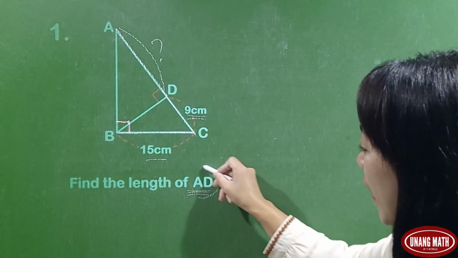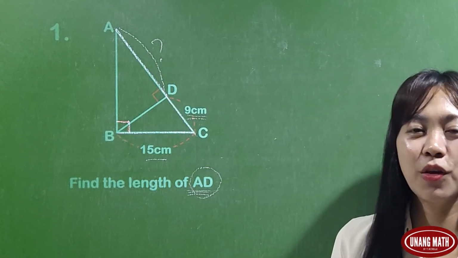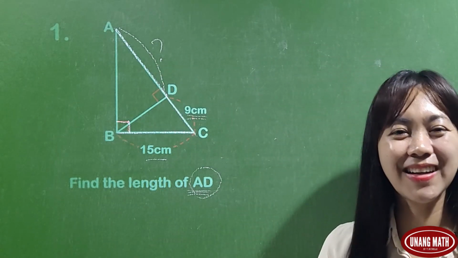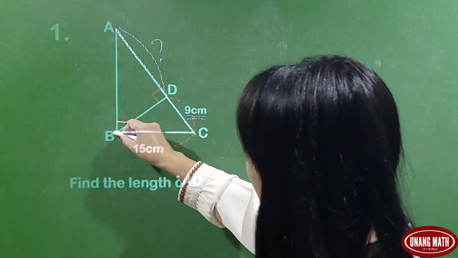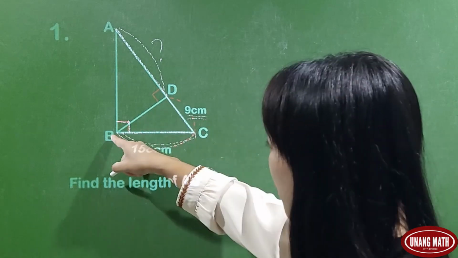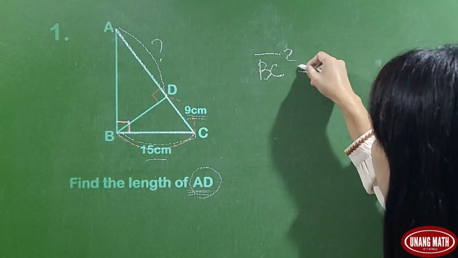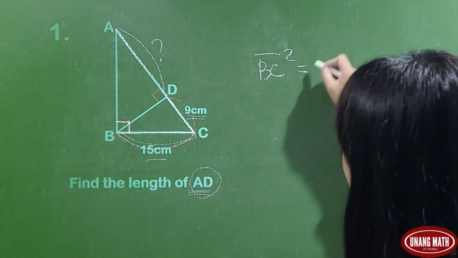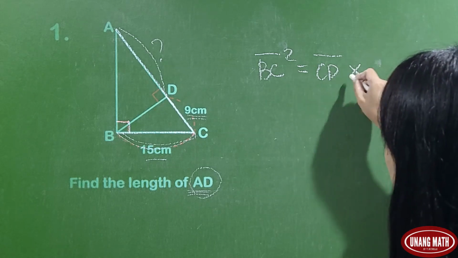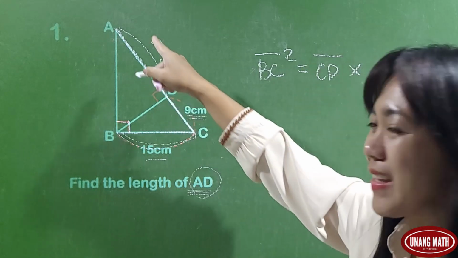In order to find the length of segment AD, we will use the concept of right triangle altitude theorem. And that is the square of segment BC is equal to the length of segment CD multiplied by the length of segment CA.